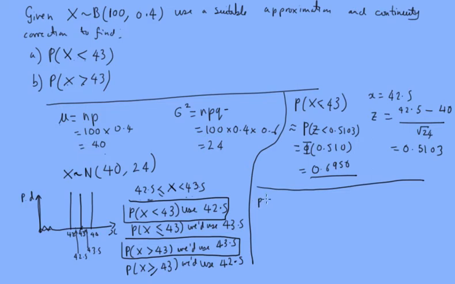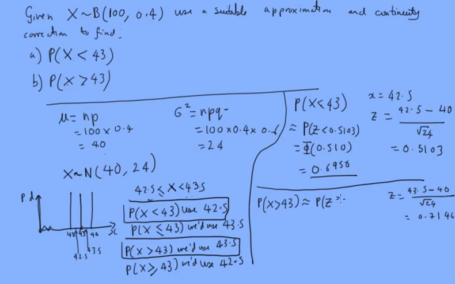Now for the probability of x greater than 43, we're going to be doing the probability of z. So this time z is going to be 43.5 minus 40 over root 24, which comes out at 0.7144.